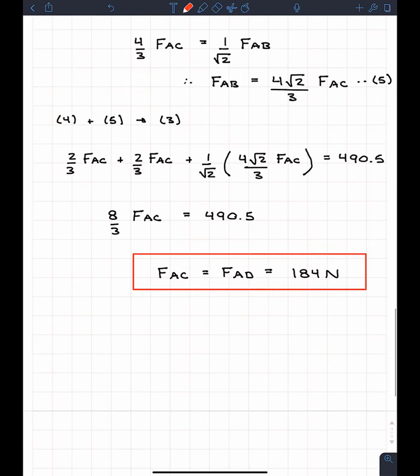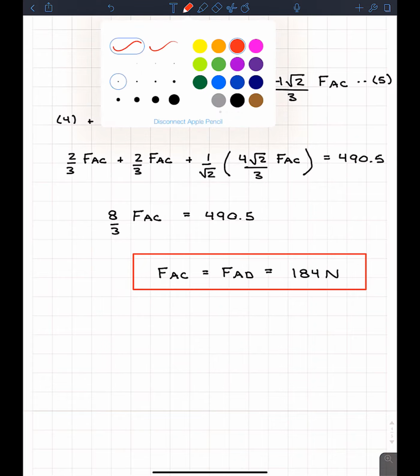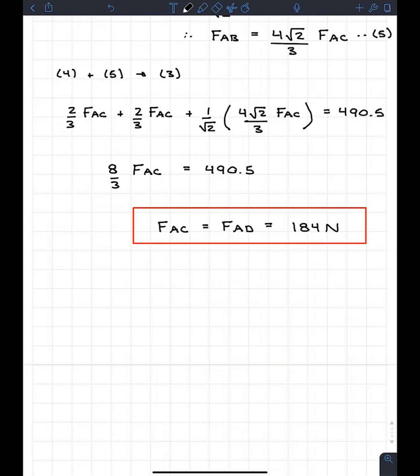If we go up to equation 5, we can find FAB if we know FAC, which now we do. So FAB is equal to 4 root 2, all divided by 3, of FAC, which is 184.